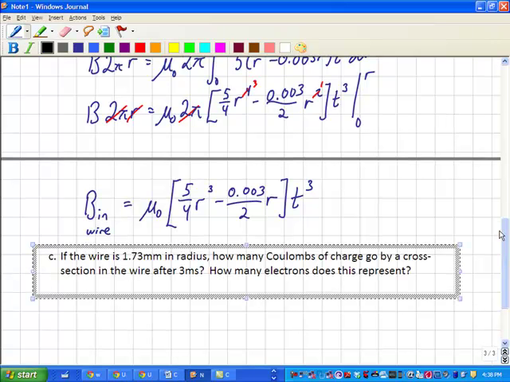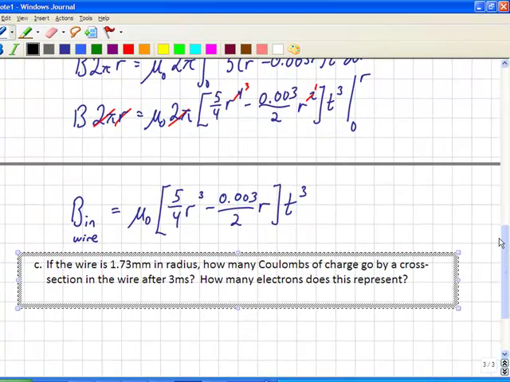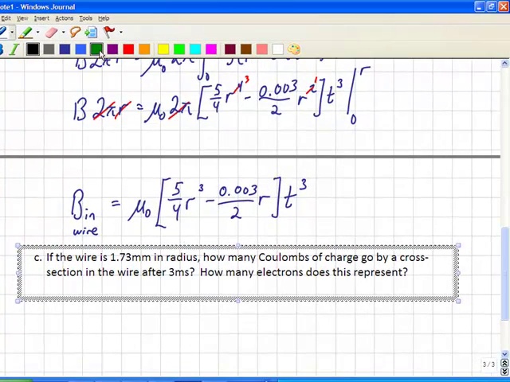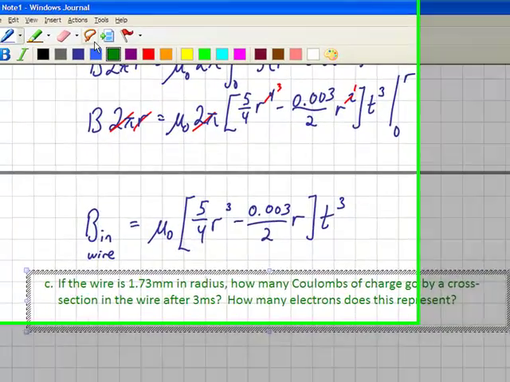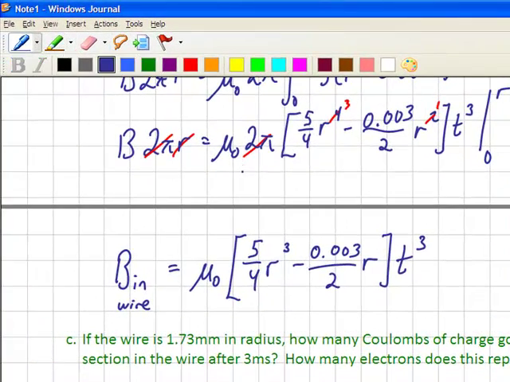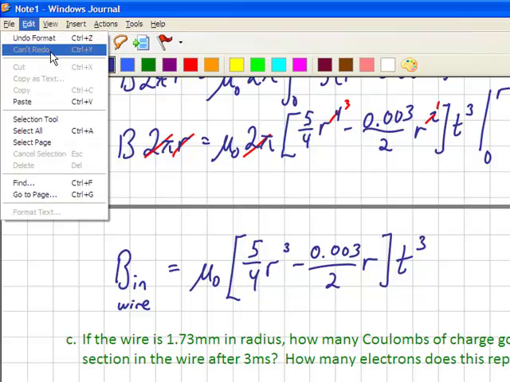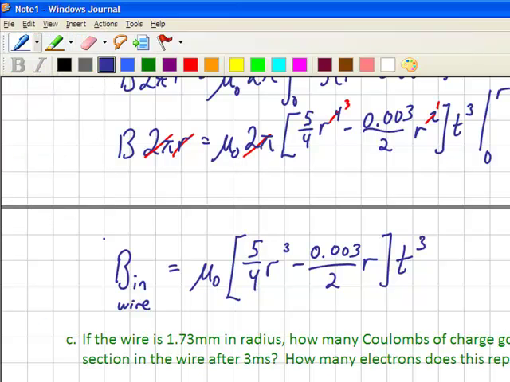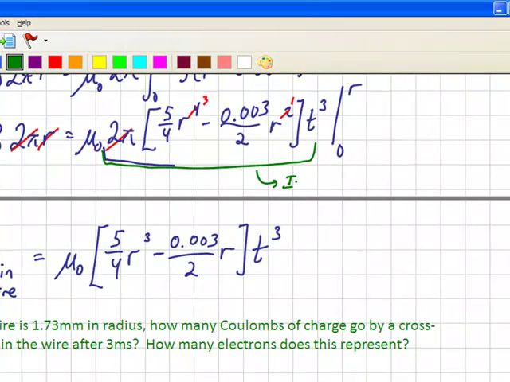Okay, for this last part of the question, we're asked how many coulombs of charge, and how many electrons that might represent, go by a cross-section of the wire after 3 milliseconds. Well, first thing we need to do is go back up above and remember that this part right here is the current that is in our wire at a cross section.